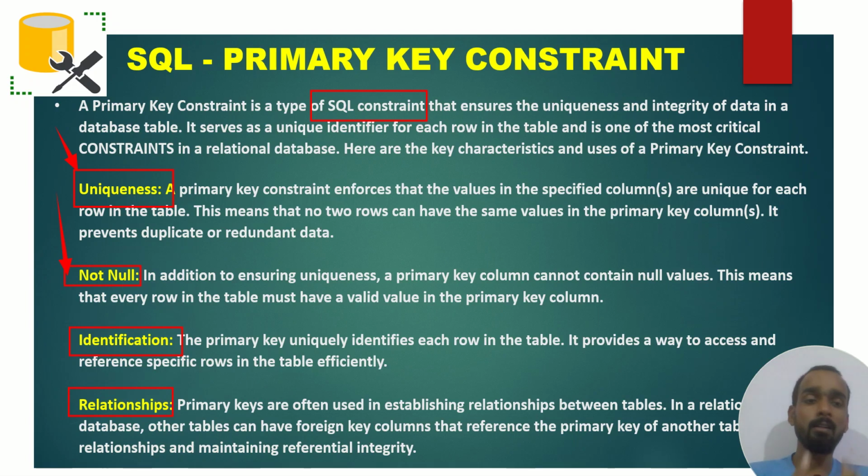So I'm just reiterating. A primary key constraint is a type of SQL constraint that ensures the uniqueness and integrity of data. Getting my point?